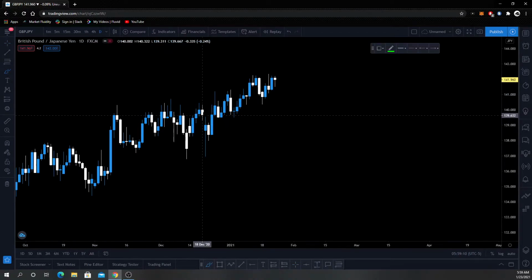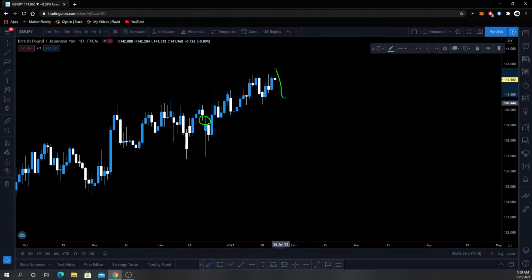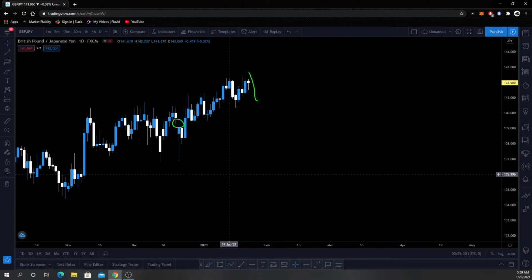Let us mark this area, because this is an empty area that happened on December 18th. From December 18th till today, till yesterday, January 22nd, we could see that the market is going from lower places to higher places. So we know we're in an uptrend.